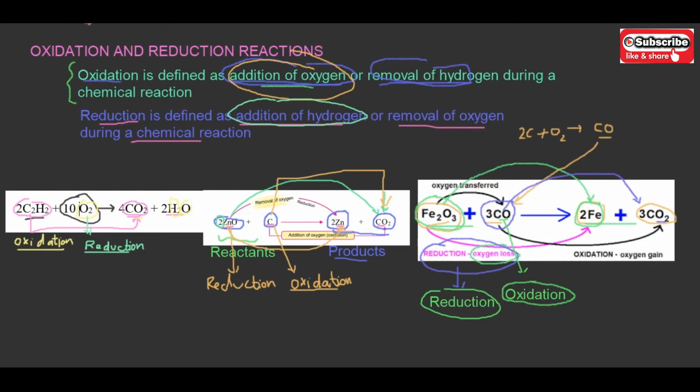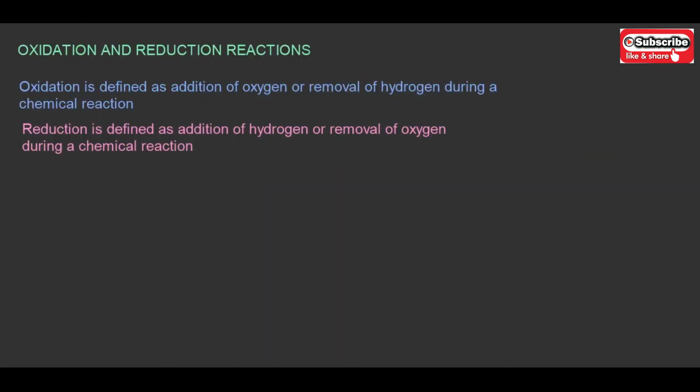So these were all the examples for addition of oxygen and removal of oxygen. In the third example, we have discussed hydrogen as well, but in more detail we will discuss it in some other examples. So now again we have the same definitions, that oxidation is defined as addition of oxygen or removal of hydrogen.